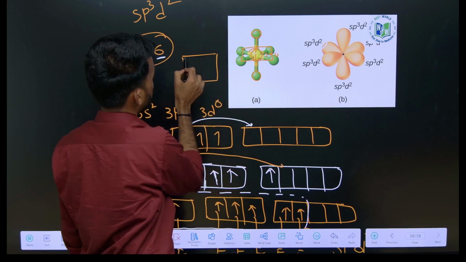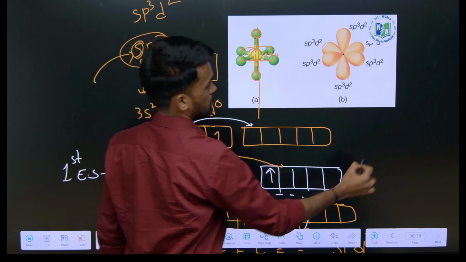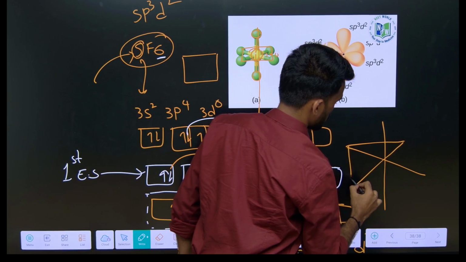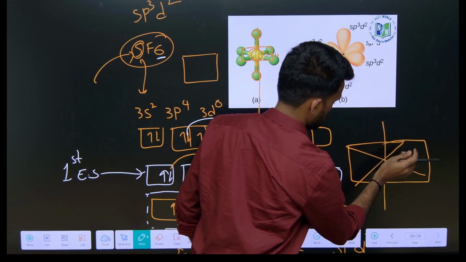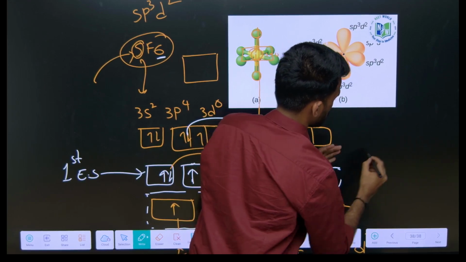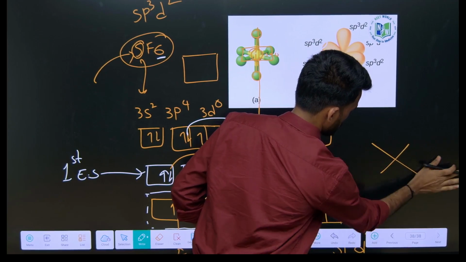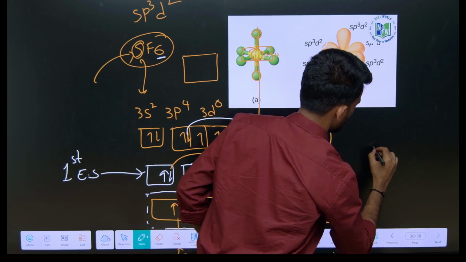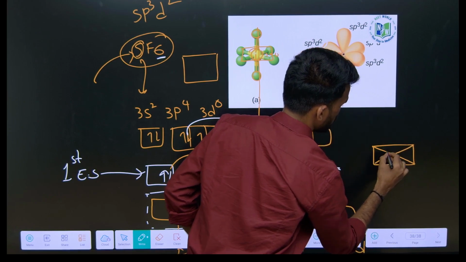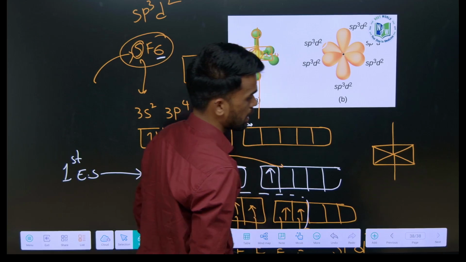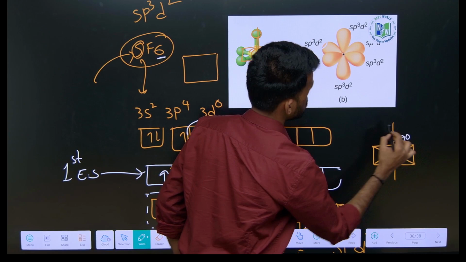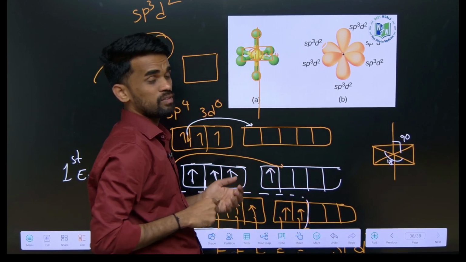And what about this one, which is like this or like this? What is the angle between these lines? This is 180. What about this angle? This is 90. So like that we have 90 and 180 degree angles.